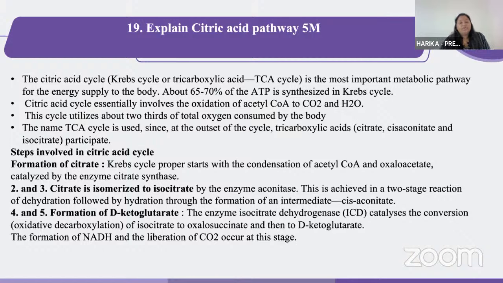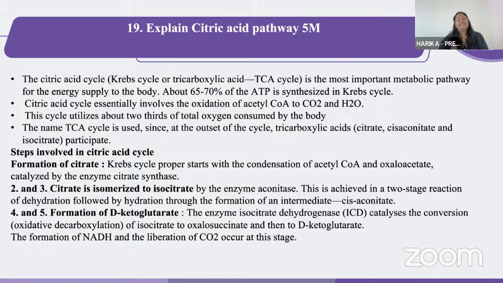Next, moving on to the next question. Explain the citric acid pathway. The citric acid cycle, you can also call it the Krebs cycle or carboxylic acid cycle. It is the most important metabolic pathway for the energy supply to the body.